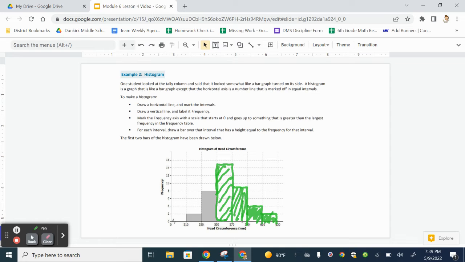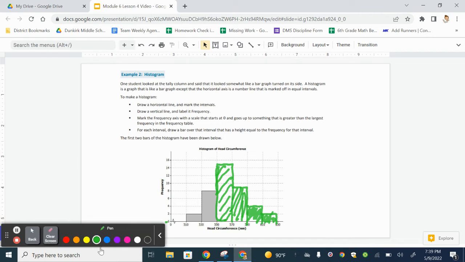Now, if you scooted down to number 5, we've already done it. We filled in the rest of our intervals. Number 6 says, based on the histogram, describe the center of the head circumferences. The center of the circumferences is about 560. Now, what this means, the center, where's the center of your data? So I'm going to actually get a different color pen here. Let's go with purple.